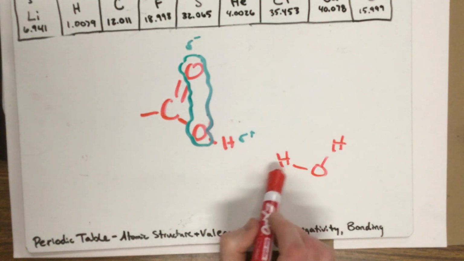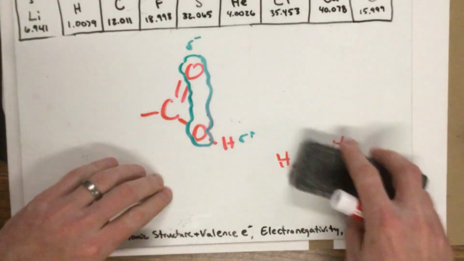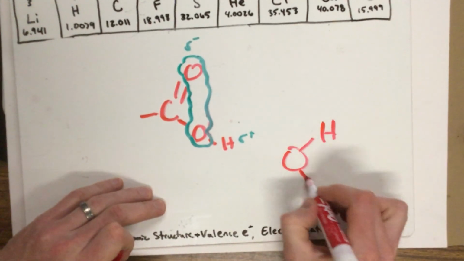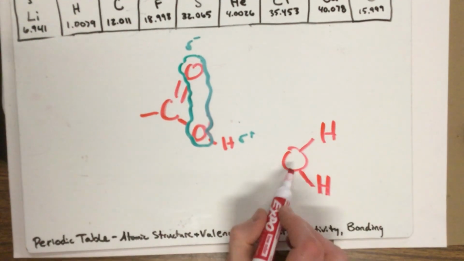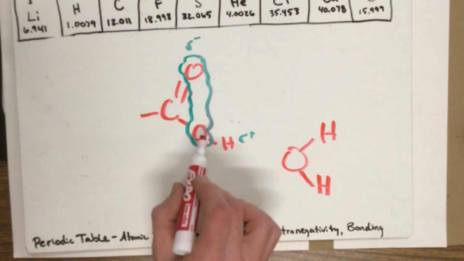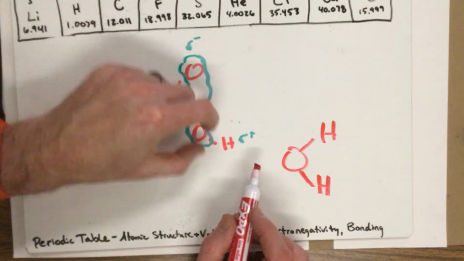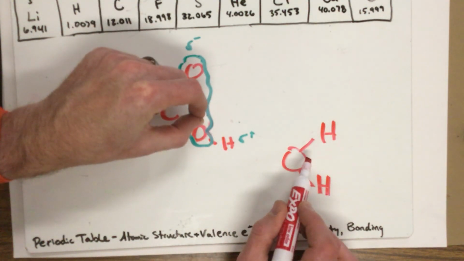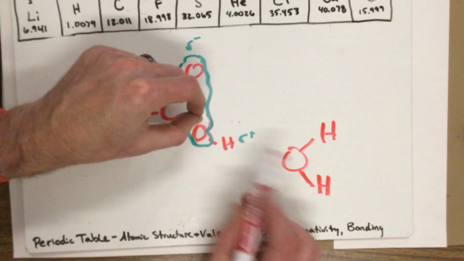And what can actually happen is if a water molecule comes along, remember there's a partial positive charge here. Whoops, I drew that one backwards, didn't I? I did it the last time too. Flip it around here. The partial negative charge here is attracted to that partial positive charge. And because those electrons are being pulled so close to these oxygens, this water molecule can actually strip that hydrogen right off of it.